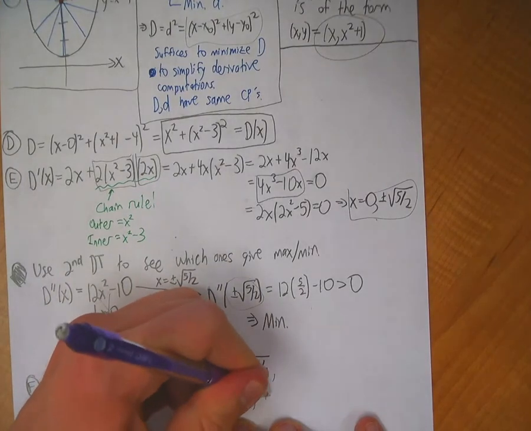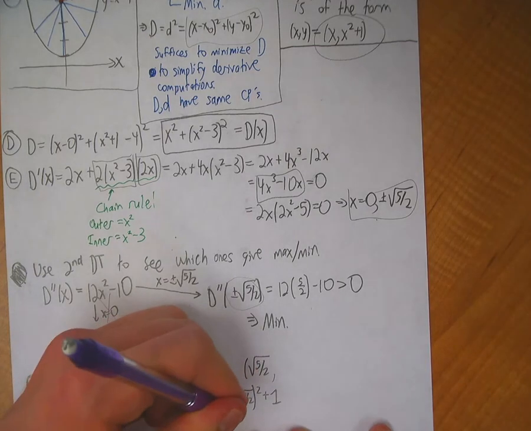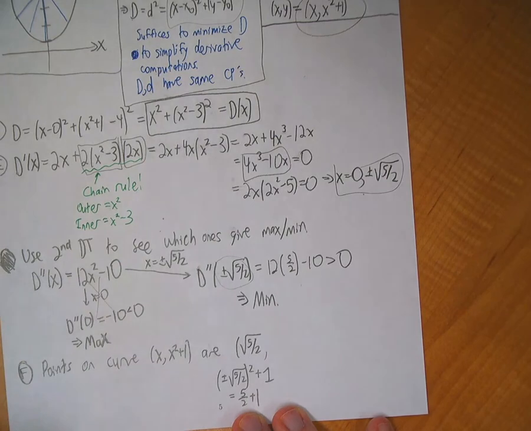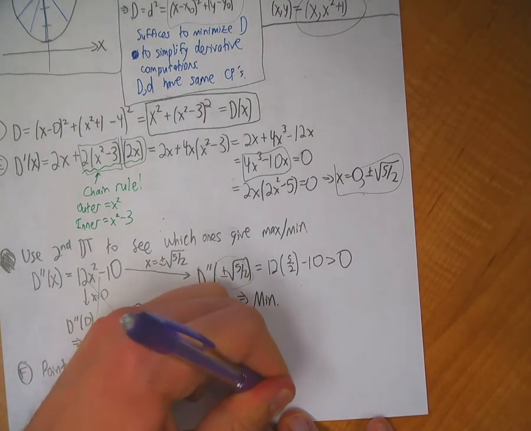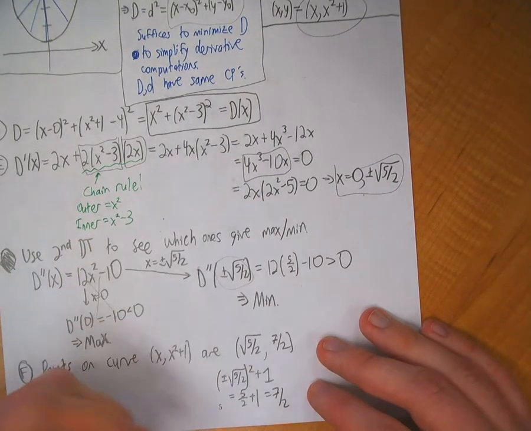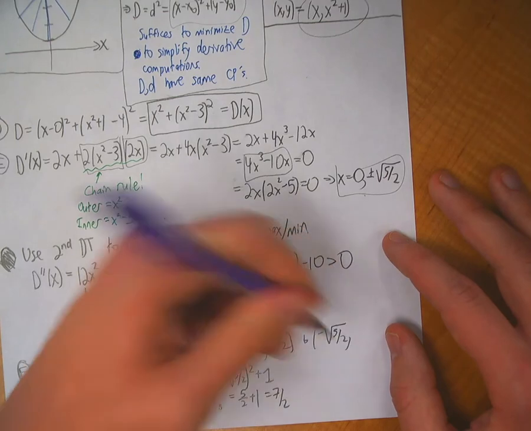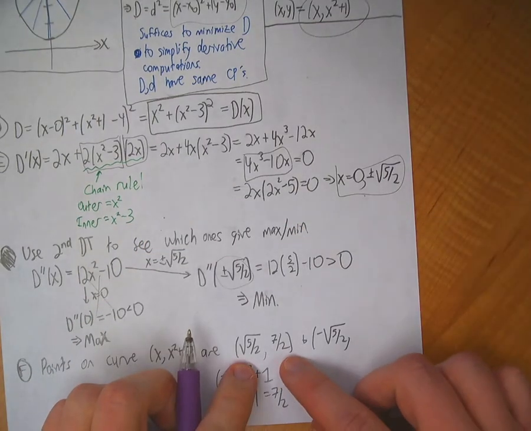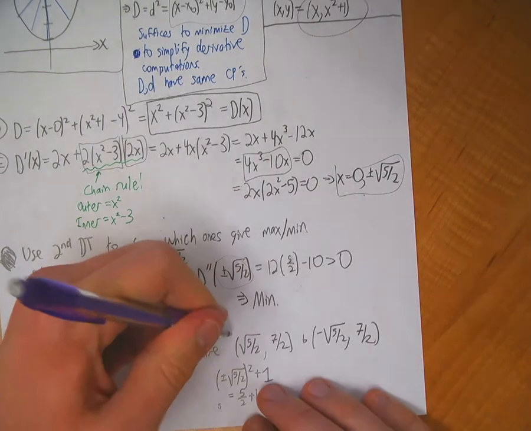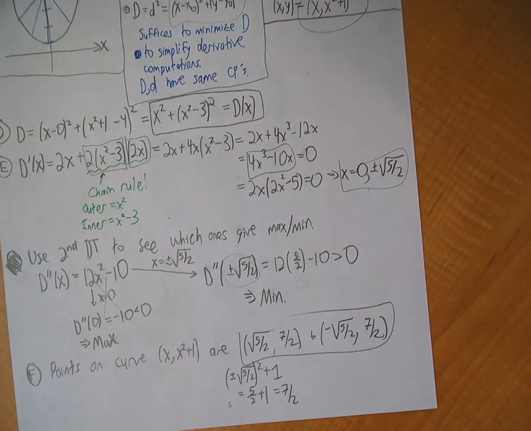If we take the square of this value, then what we get, as we established, is just 5 halves plus 1, which is 7 halves. So our y-coordinate is going to be 7 halves for both points. So we have positive square root of 5 halves, comma 7 halves, and then negative square root of 5 halves, 7 halves. Okay, and that's example 4.